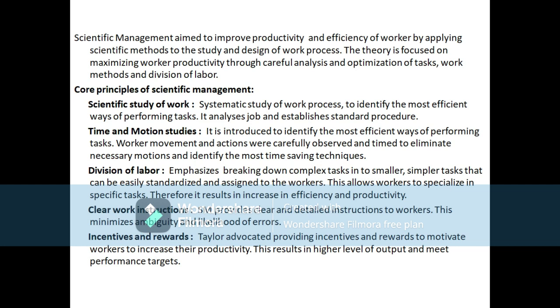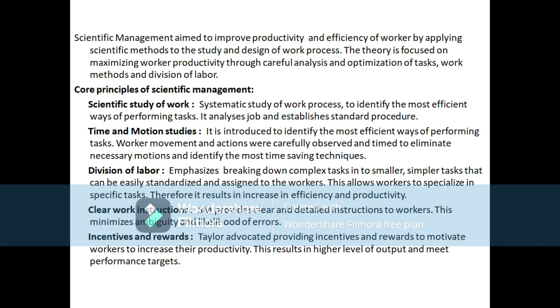Why? Because if we have given detailed instructions regarding that work, he will fulfill that work without any errors. We may minimize the errors. So that is known as clear work instructions. This is another principle followed in scientific management.